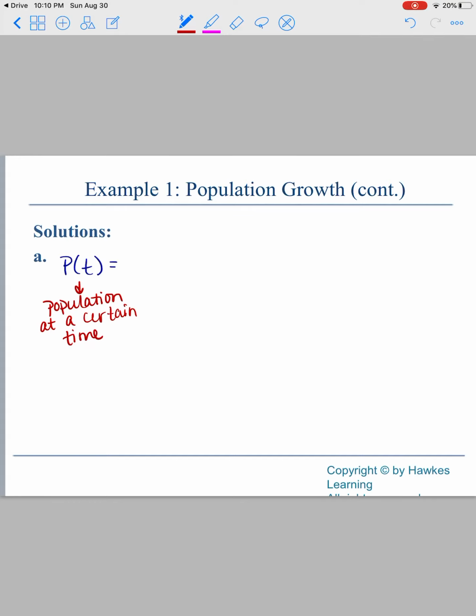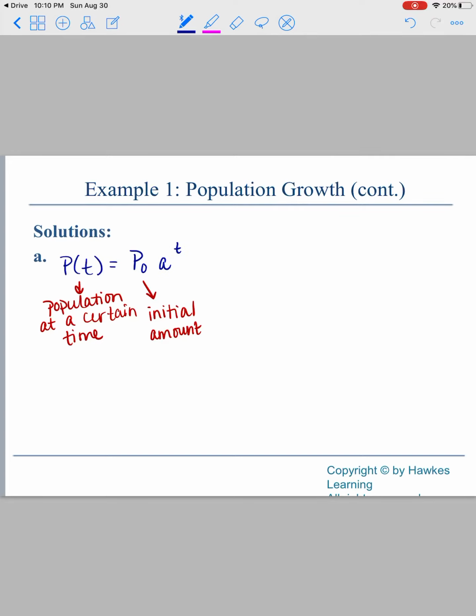Remember, exponentials equal your growth rate, however much it grew, times your base to a power. So here my growth rate is P sub 0, and that stands for your initial amount. Here, how much bacteria did I start with? Times A to the T power.